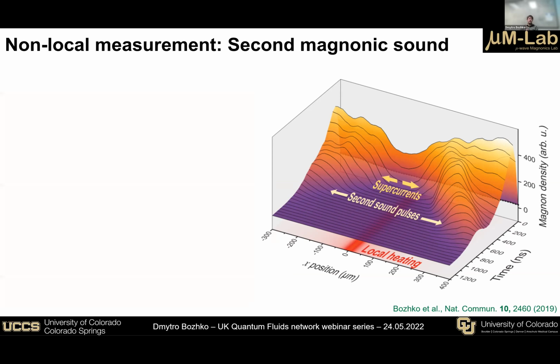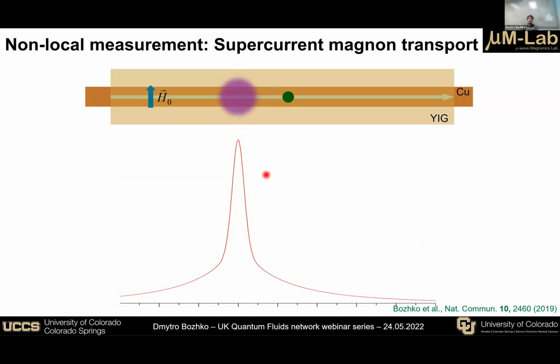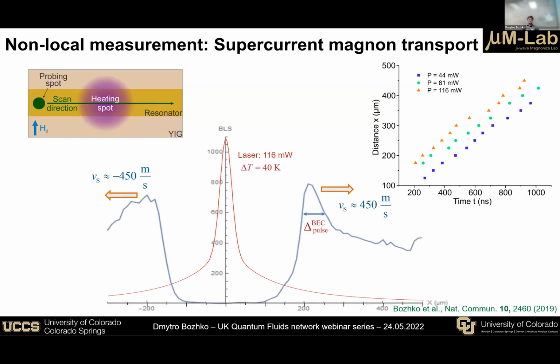This is the direction in which the supercurrent pulse is propagating, and into which the second sound pulse propagates. And luckily, that's the direction in which our condensate is elongated along the pumping stripe.